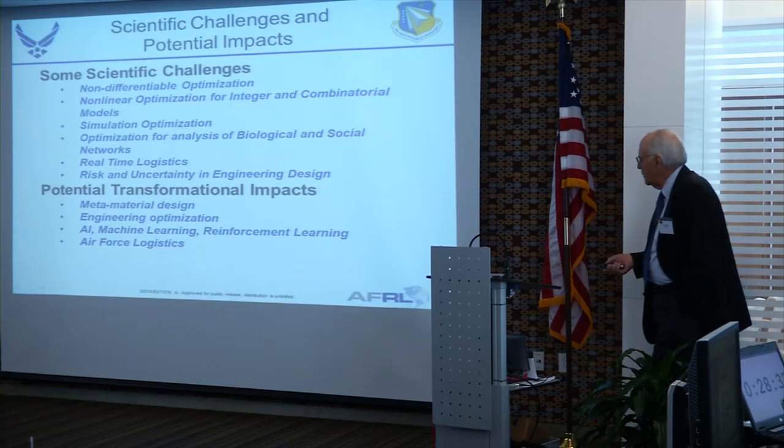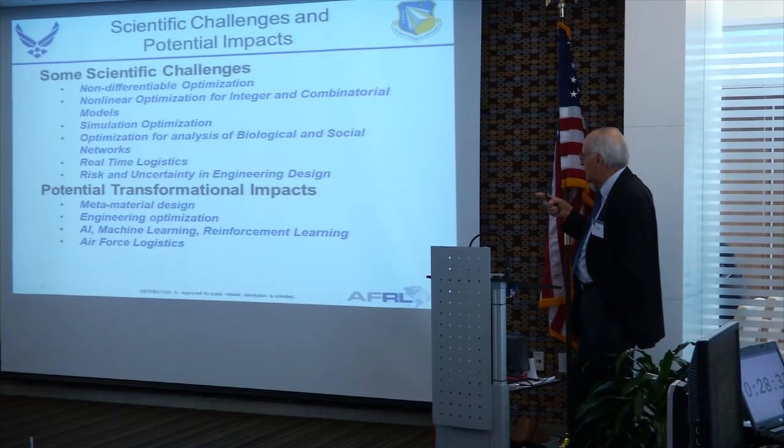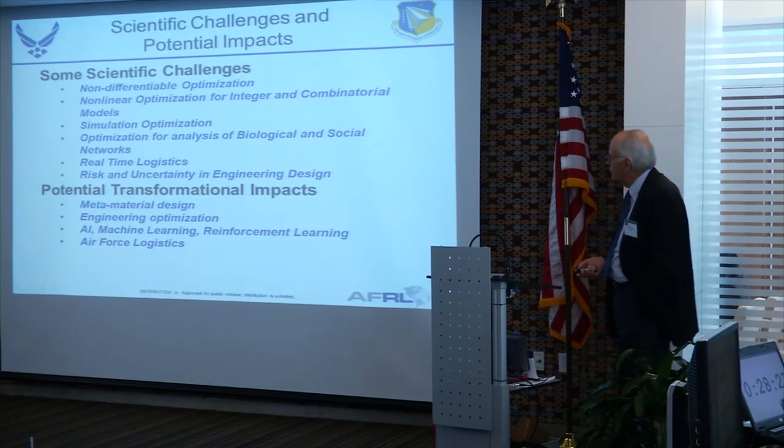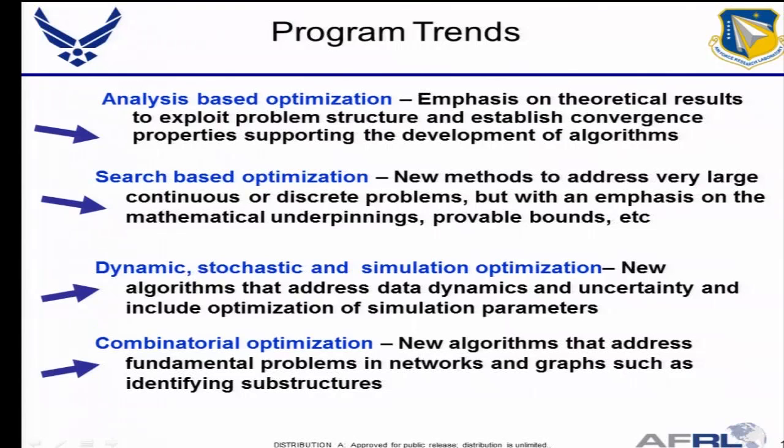And in terms of potential impacts, I'd like to think the math may have an impact on metamaterial design, engineering optimization, and these other things listed here. Just a short list. Trends, again, think calculus here. The traditional optimization, this is in a fixed budget of the last couple of years, has been going down a little bit.